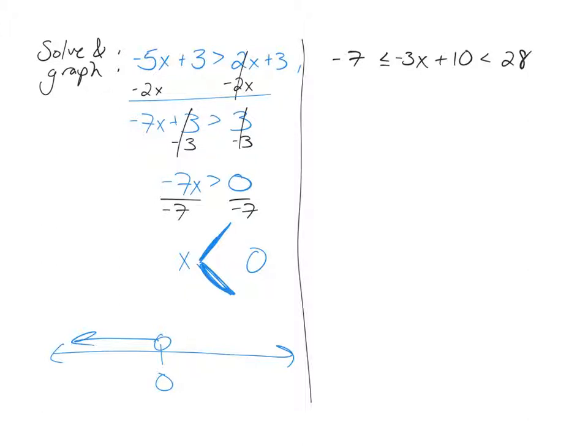Okay, last example here. This is what we call a compound inequality. It's not that bad. Let's see, if you cover this piece up and look at the negative 3x plus 10 is less than 28, you have to think about how you would solve that piece first.